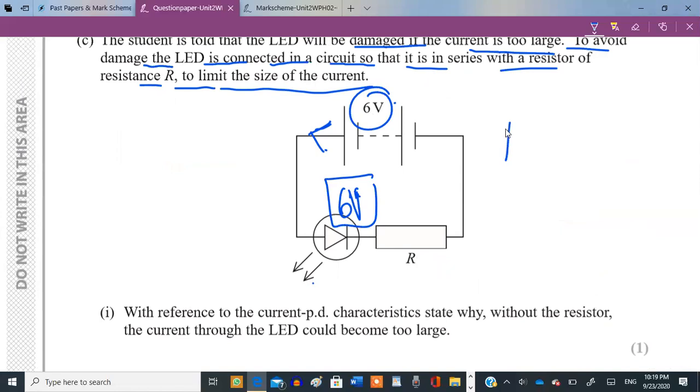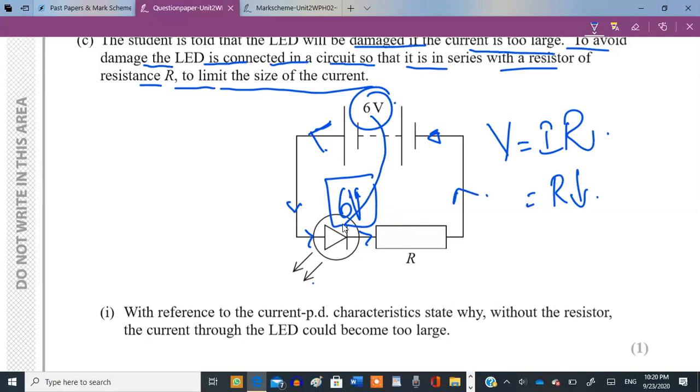And if you remember Ohm's law, V is equal to IR, the diode is connected in the forward bias direction. That means the resistance is going to be very low for the diode, and in absence of this resistor, all the voltage would be provided to the diode. All the 6 volts would be provided to the diode.